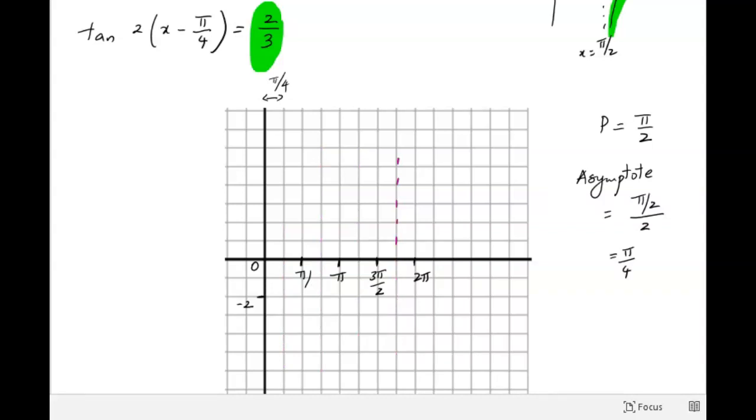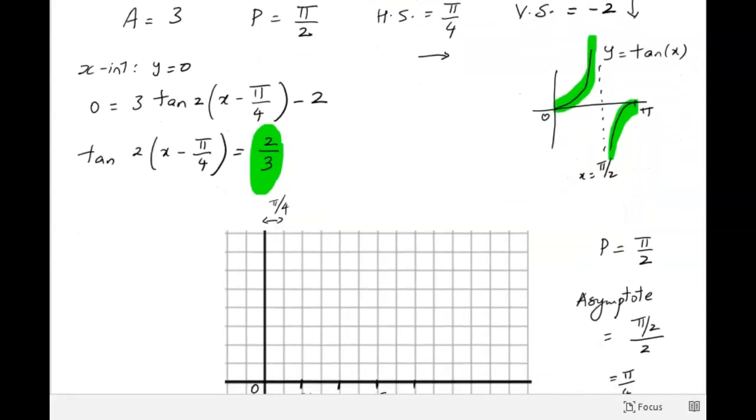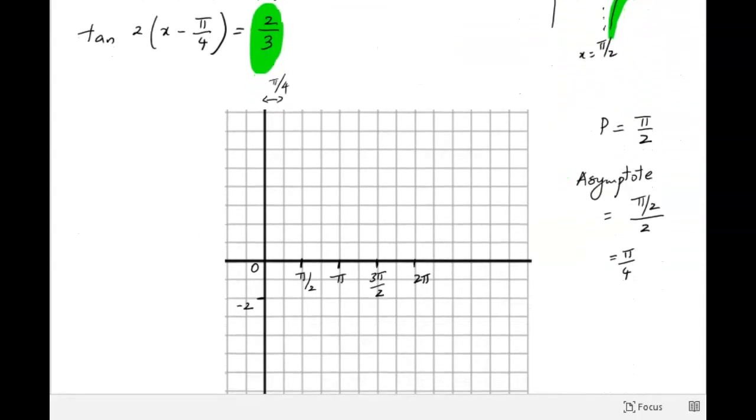But given we have a horizontal shift, I'm going to rub off those asymptotes. We have to take that into account. So instead of starting at 0, we're going to start the tangent function pi on 4 units to the right, which means the first point in that tangent function is going to be at pi on 4 units at the mean value. Everything shifts to the right by pi on 4 units, which means the very first asymptote is going to be at pi on 2 instead of pi on 4.